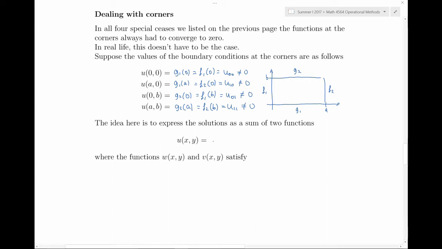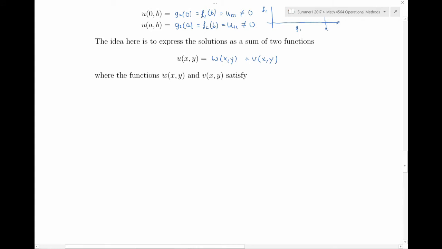So I'm going to write u as a summation of w of x, y plus v of x, y, where the functions are constructed as the following. v of x, y is a bilinear function, which I'm going to denote as alpha naught plus alpha 1 x plus alpha 2 y plus alpha 3 xy. And I want my function v to satisfy the values at the corners. It is very easy to see that the Laplacian of v equals 0.